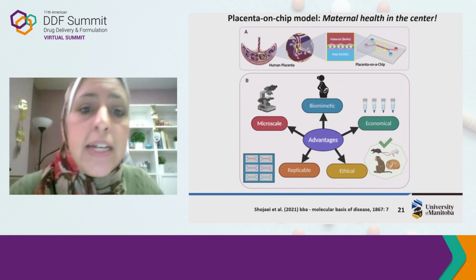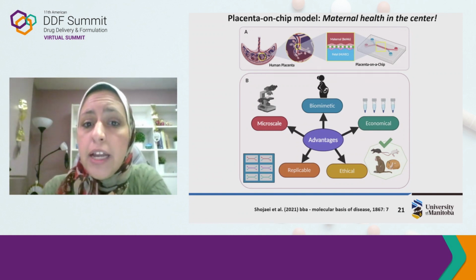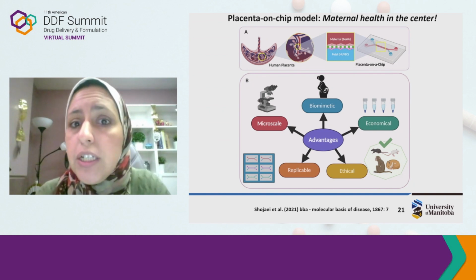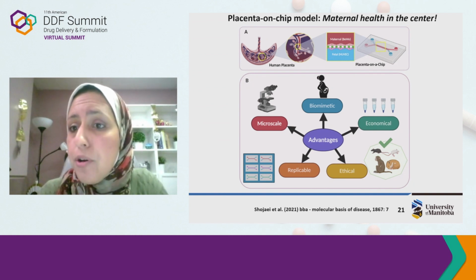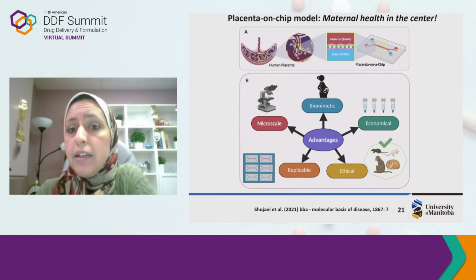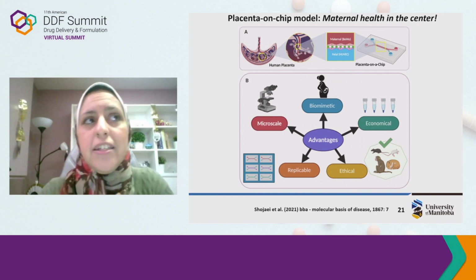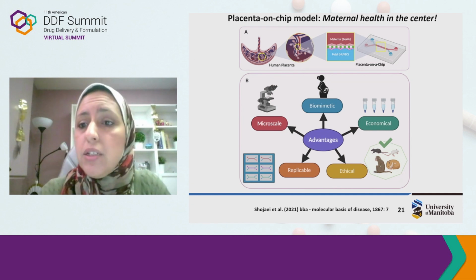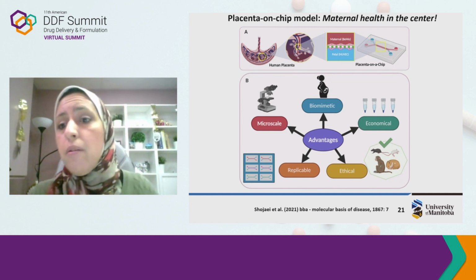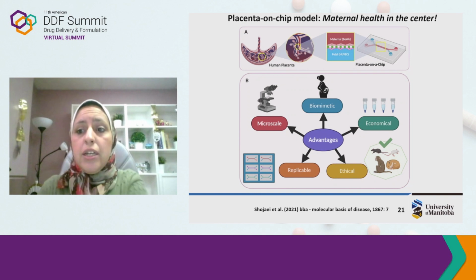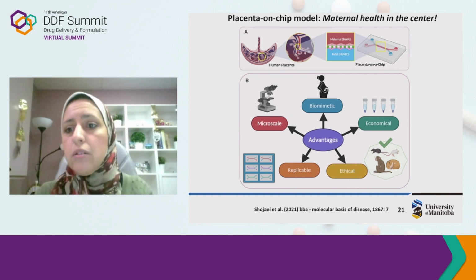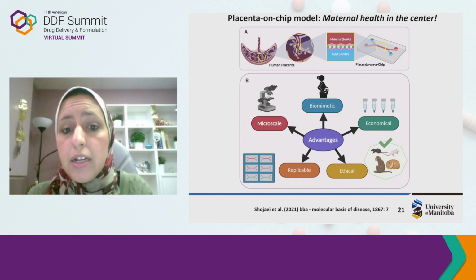The second example is placenta on a chip model. And this is why we are interested in developing safe therapies during pregnancy. And the challenge here is that this population, unfortunately, pregnant women, is not really studied well. So most of the novel therapies are not really developed for this population because it's difficult to include pregnant women in studies.